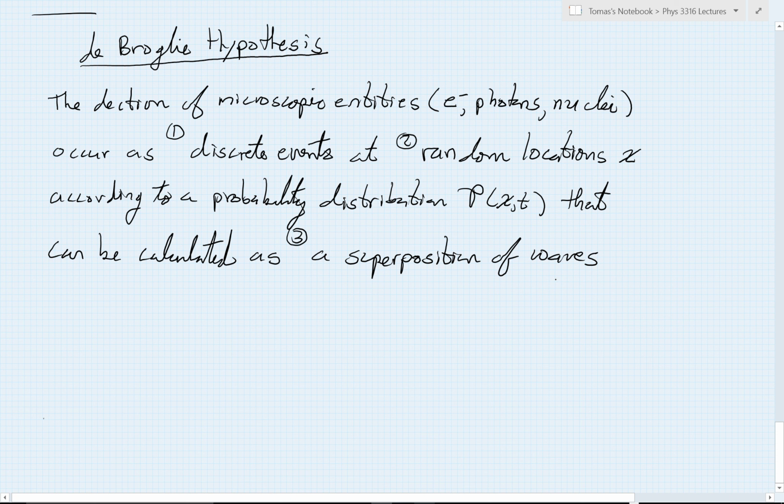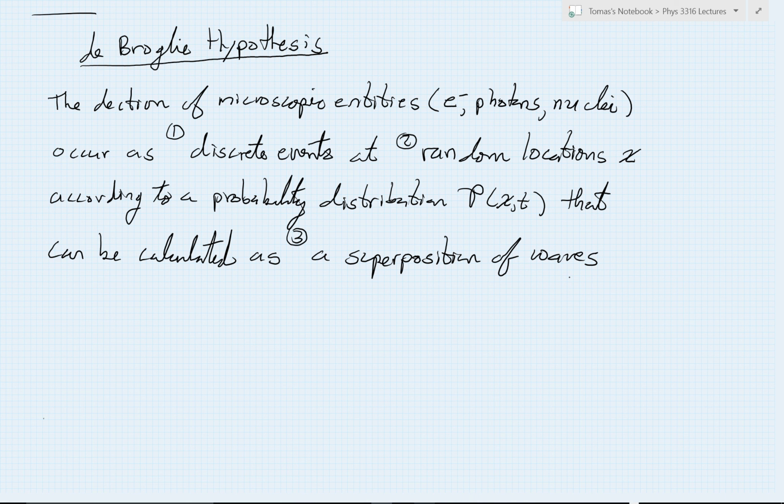And we've also seen now by tracking the classical trajectories that a superposition of waves can track a classical trajectory. So that seems to be holding true for electrons just as well as photons.